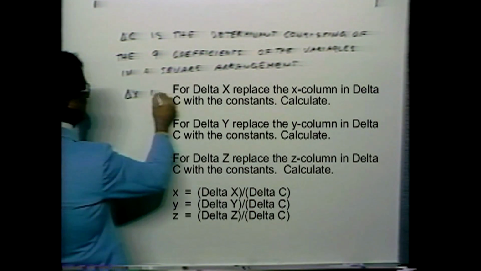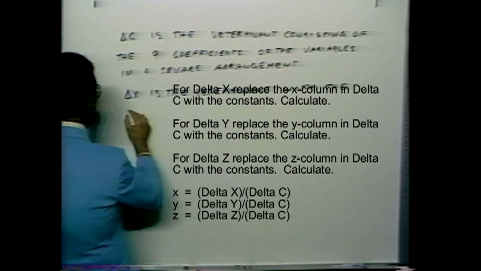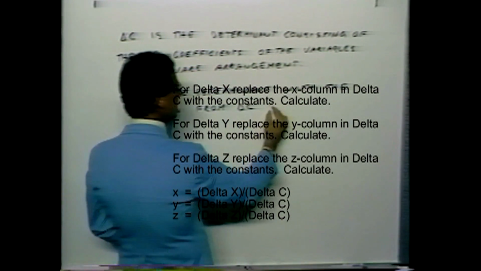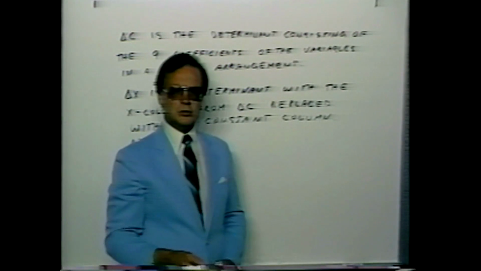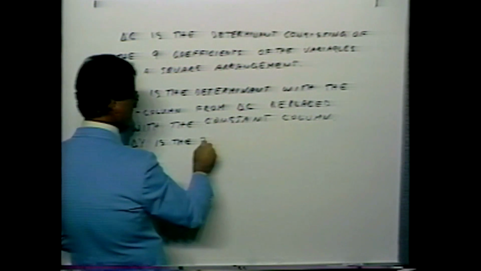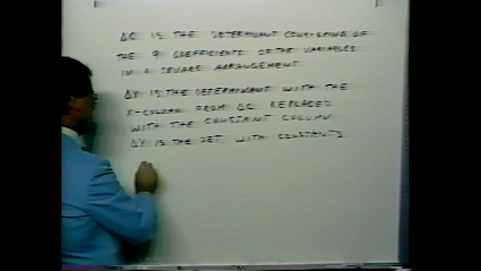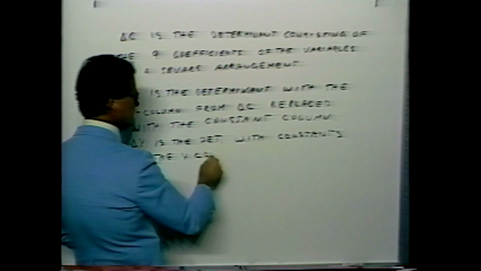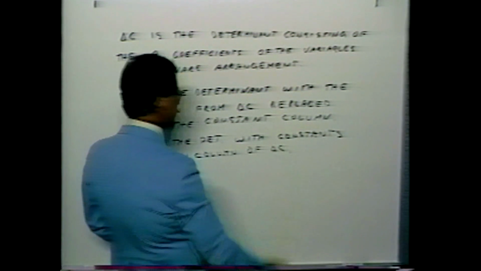Delta x is the determinant with the x column from delta c replaced by the constants. Delta y, constructed in the same way. I'll just shorten that to det, determinant, with constants in the y column of delta c.